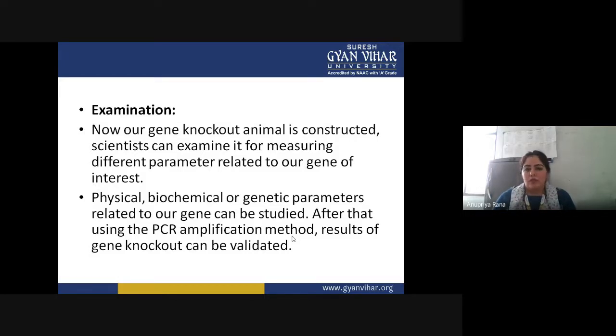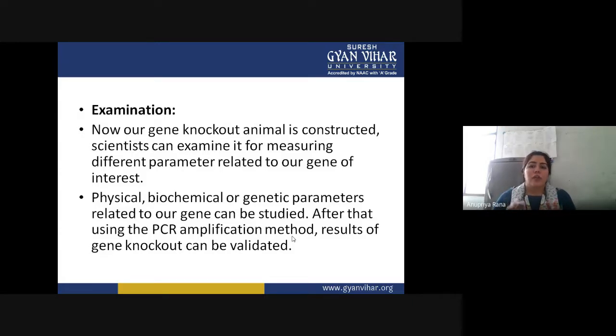The researcher or scientist who is going to study them needs to examine them. There are several parameters on which we study them, like physical, biochemical, and genetic parameters. By amplification of these genes, we study every gene of our interest, to see how they show variation.